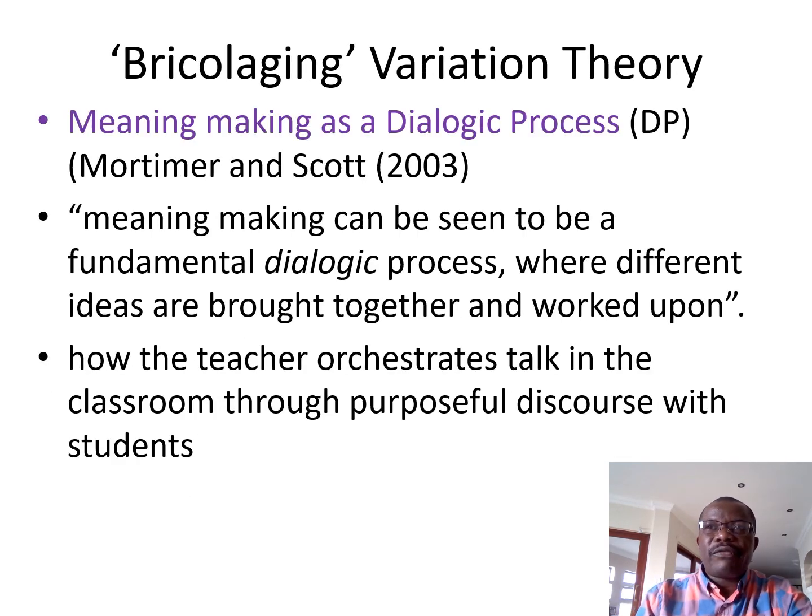So the first framework, as I indicated, is Mortimer and Scott's framework of meaning making as a dialogic process. I'll very quickly go through the key tenets of the framework. Mortimer and Scott argue that meaning making can be seen as a fundamental dialogic process where ideas are brought together and worked upon, and how the teacher orchestrates the talk is important in all this.